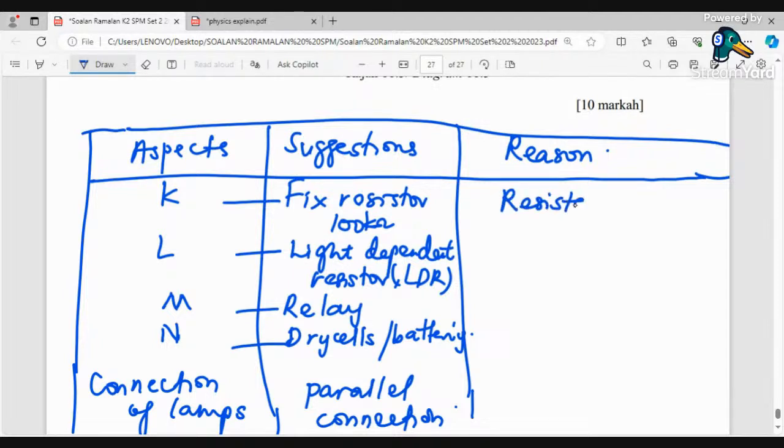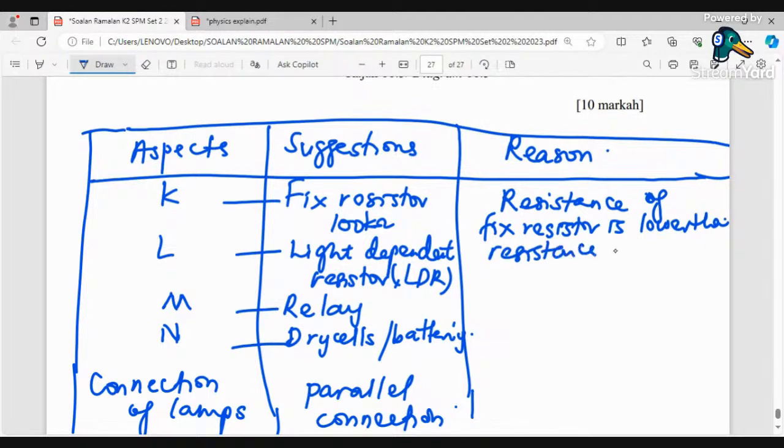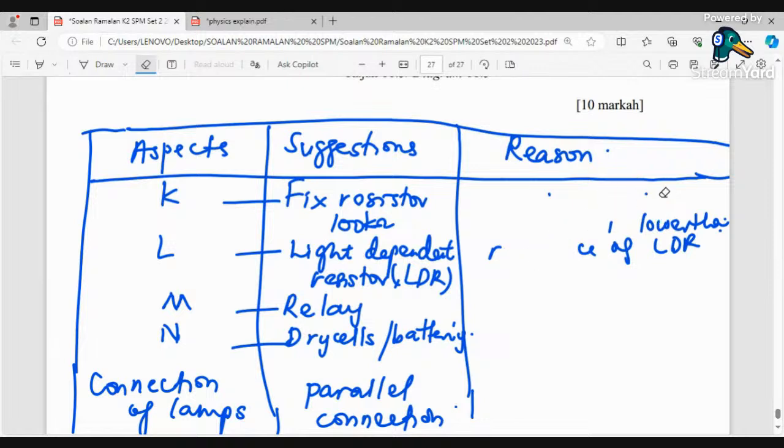Resistance of fixed resistor is lower than resistance of LDR. Sebab kita nak resistance dia bahagian base circuit tu lebih tinggi. Kalau resistance dekat base circuit tinggi, dia akan dapat on the transistor.